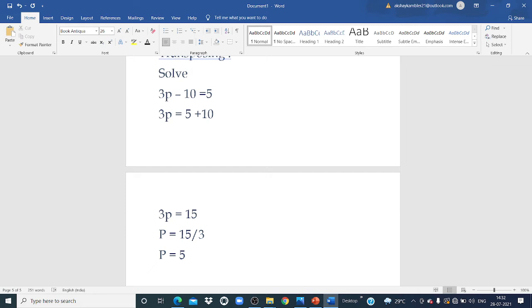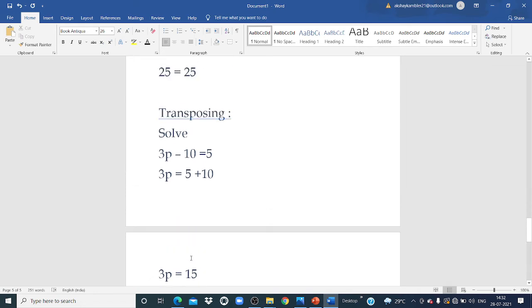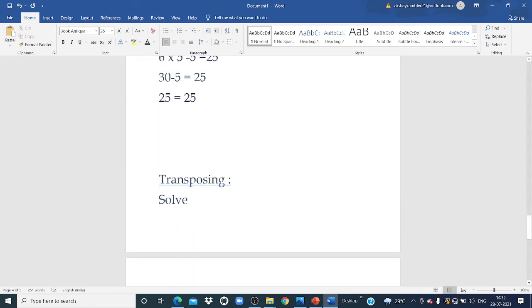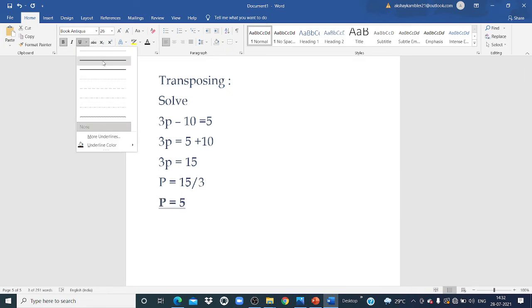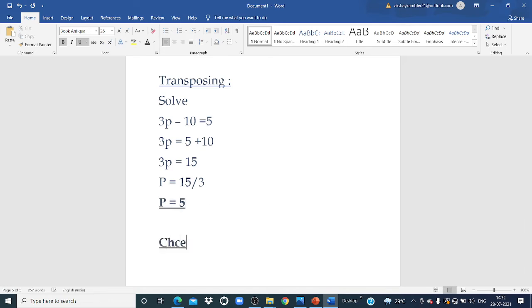Is that clear with everyone? Otherwise, I'll try this transposing example downside only. If the solution is here, p is equal to 5, and you want to cross check your answer, then you can cross check also.